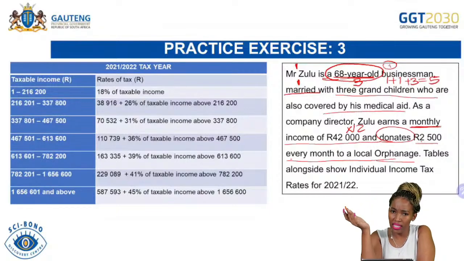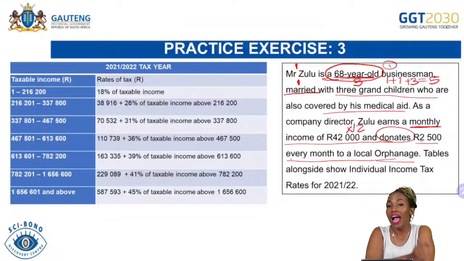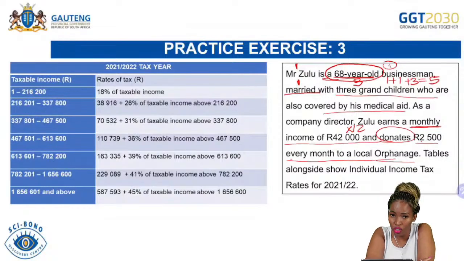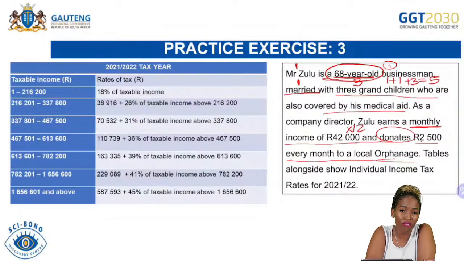And why is that the case? The reason why we don't tax donation is because, again, it will depend. That donation must be to a registered organization. Let's say in this case he chose a local orphanage. Remember, it is the responsibility of the government to take care of the orphanages, to make sure that those children that live there have shelter over their heads, have clothing, have food, and are well taken care of.